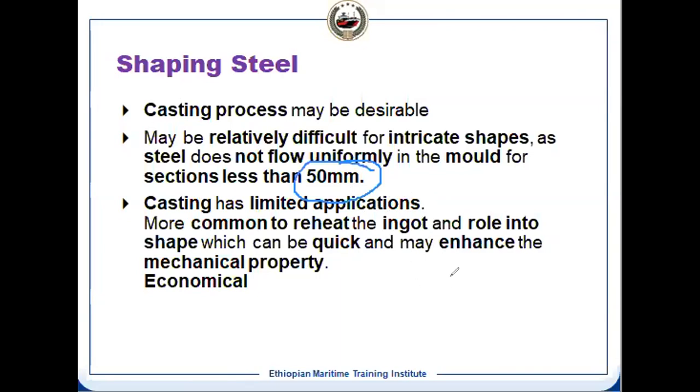Inside there will be cavities, and then we reheat the ingot and melt it, and then we pour it, and then we can make that casting. But without that also we can shape the ingot: we make it red hot and then roll it into the shape. We have seen the rolling mill that they do, and then they give different shapes from the ingot. In this case we don't melt it.